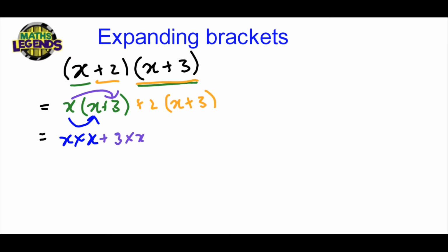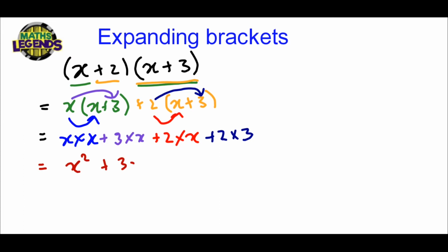And then we do the same for the second bracket, so we have 2 multiplying the x, so that becomes plus 2 times x. And then we do the 2 with the 3 as well, so that becomes 2 times 3. We then simplify, so x times x is x squared, plus 3 times x is 3x, plus 2 times x is 2x, plus 2 times 3 is 6.